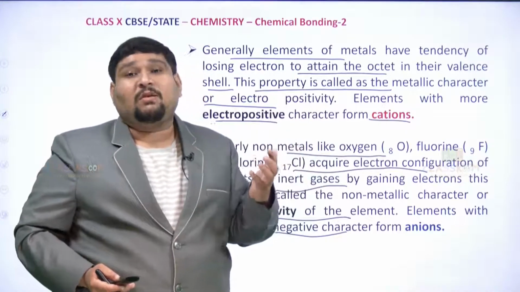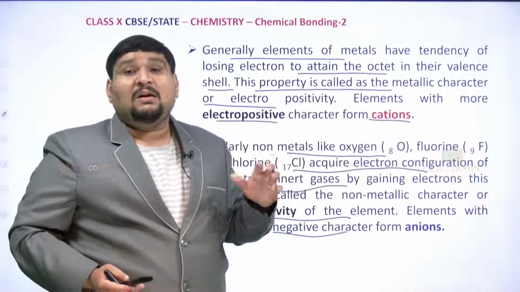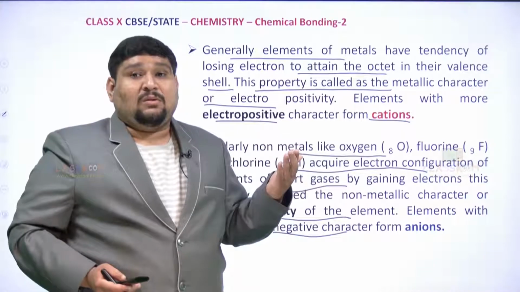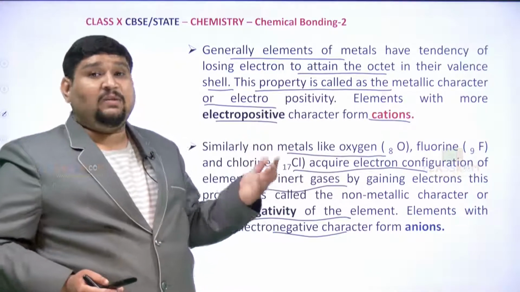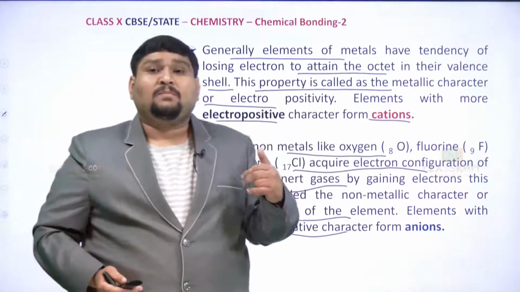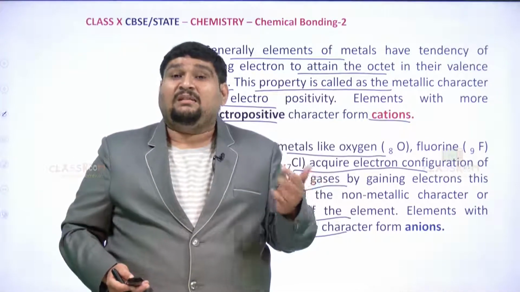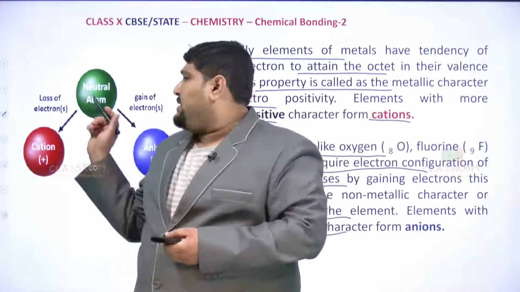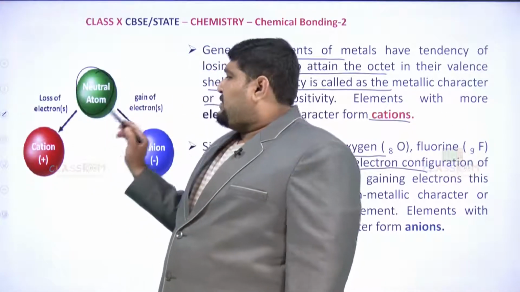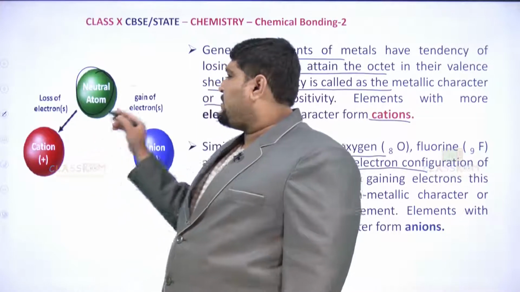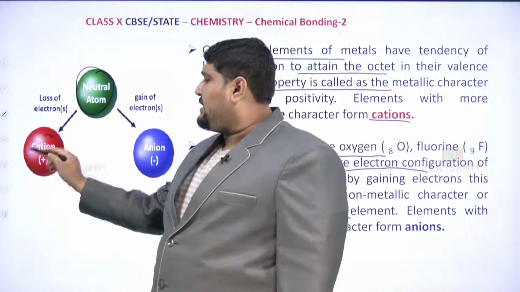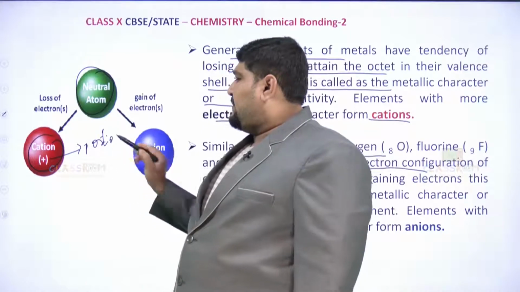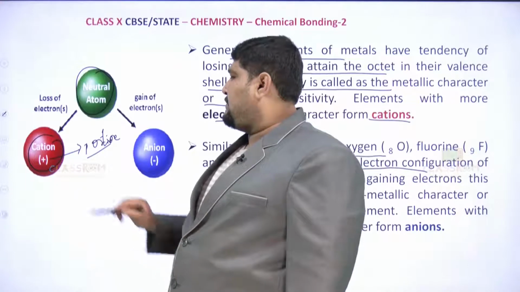All metals are electropositive in nature, and they have the tendency of losing electrons. Yes, they give the electrons, whereas non-metals are electronegative in nature and have the tendency of gaining electrons. So basically, if an atom needs to become neutral, it needs to lose electrons or gain electrons. If it loses electrons, they are cations, which are positively charged species.